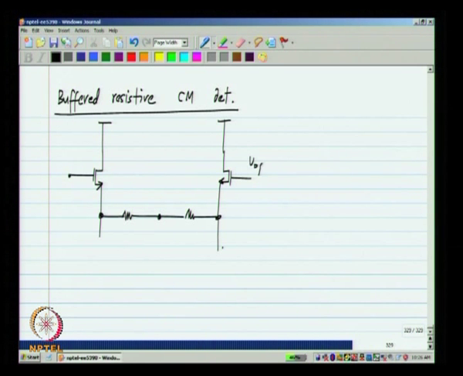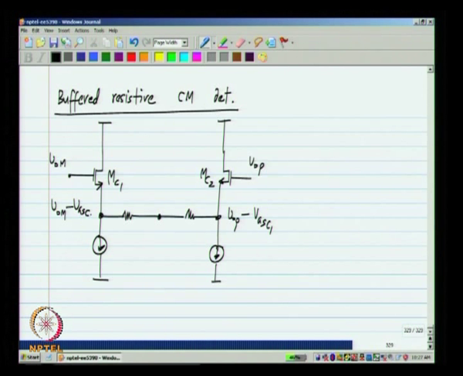So, let us say this is VOP and VOM, and we have two source followers MC1 and MC2. So, this will be some VOP minus some fixed voltage, VGS C1, and this will be VOM minus VGS C1.